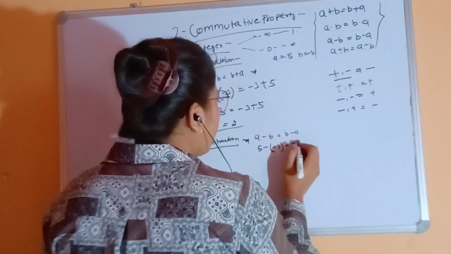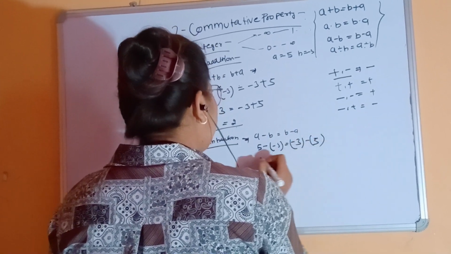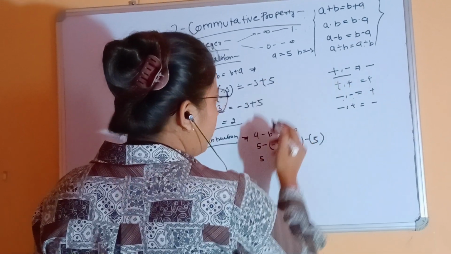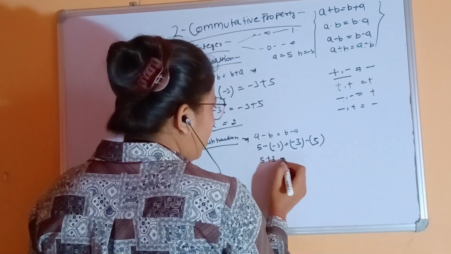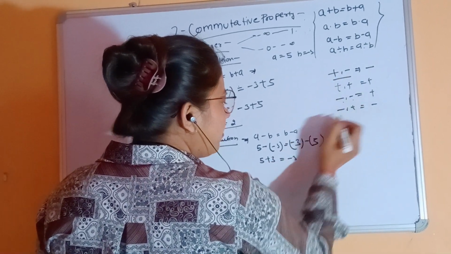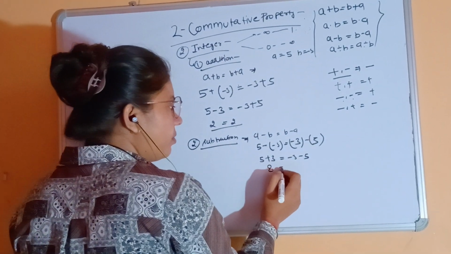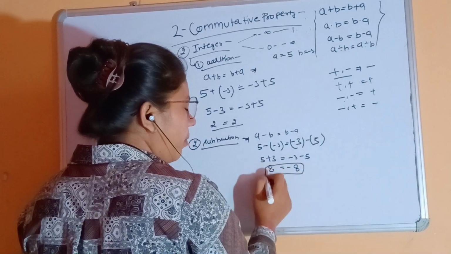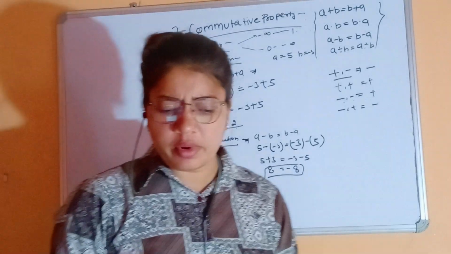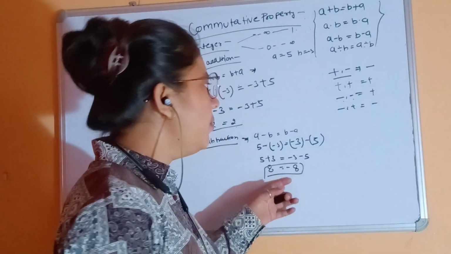So 5 minus (minus 3) becomes 5 plus 3, which is 8. And minus 3 minus 5 is minus 8. Here we understand that one is 8 and the other is minus 8. So subtraction does not follow the commutative property.